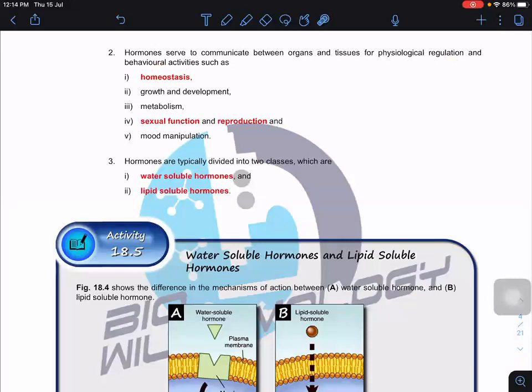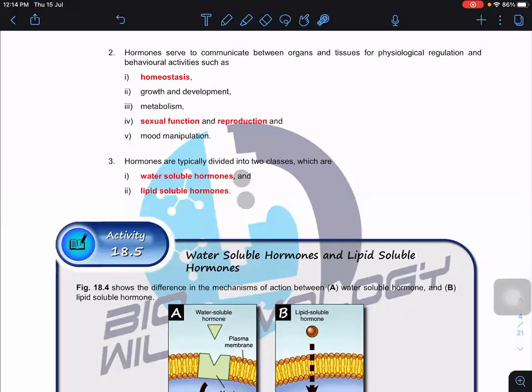For example, blood glucose involves the hormones insulin and glucagon. Growth and development: your growth hormone makes you become taller. Metabolism: in certain crises, you need your heartbeat to increase, you need ATP, so you're going to have adrenaline, for example.